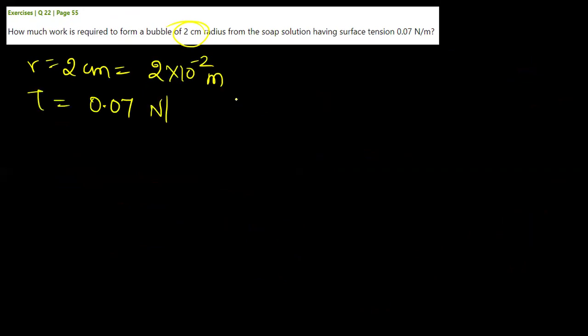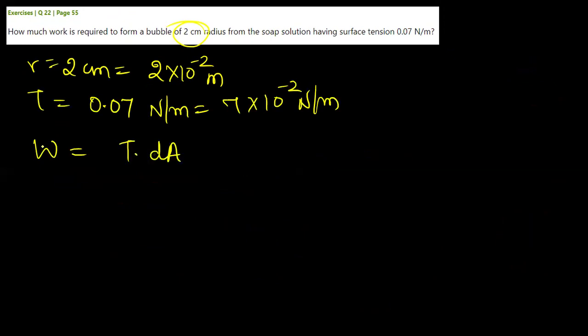Last two sums. How much work is required to form a bubble of radius 2 centimeter, so 2 into 10 raised to minus 2 meter, of a soap solution having surface tension 0.07 Newton per meter. So I can write it as 7 into 10 raised to minus 2 Newton per meter. Work done means surface energy. We know that surface energy is T into change in surface area, T into dA.